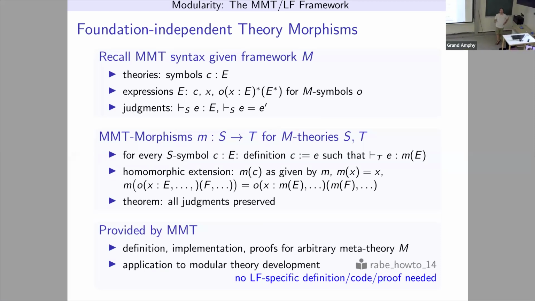So if you're giving an implementation of a specification, this is the specification, this is the programming language, this is the implementation. If you're giving a mathematical model of some theory, this is the theory, this is the model, and this is mathematics. But always a translation of everything from the specification to the realization environment. And because theory morphisms preserve truth, we are guaranteed that we are correctly modeling it.